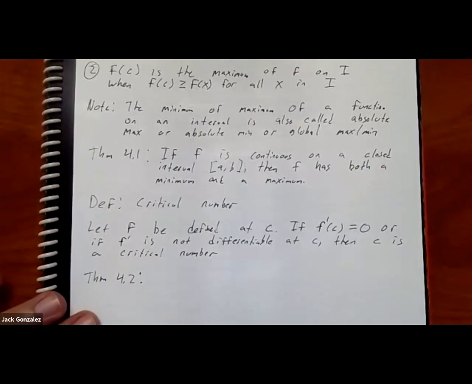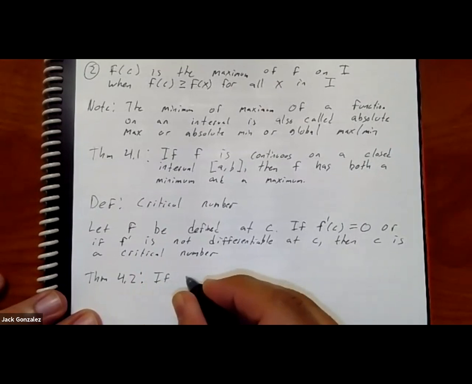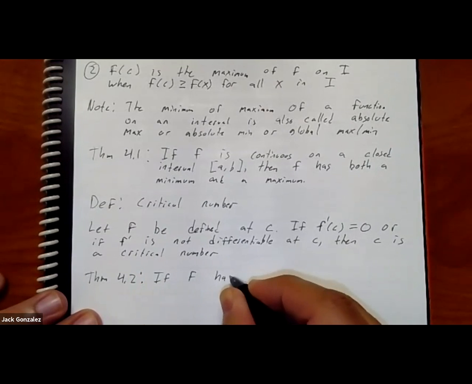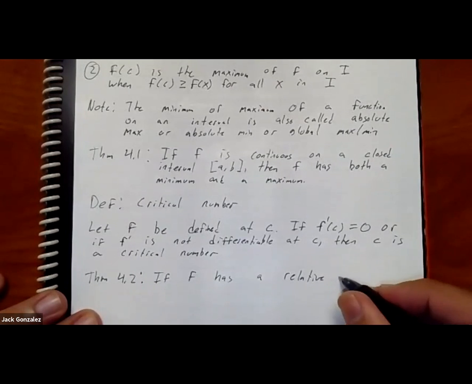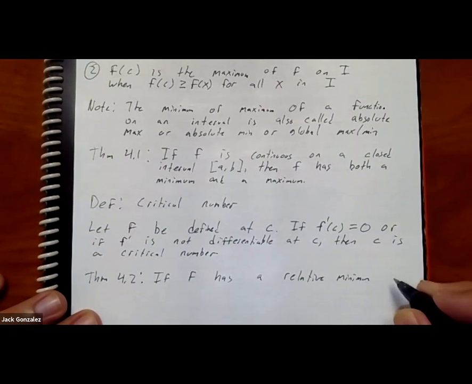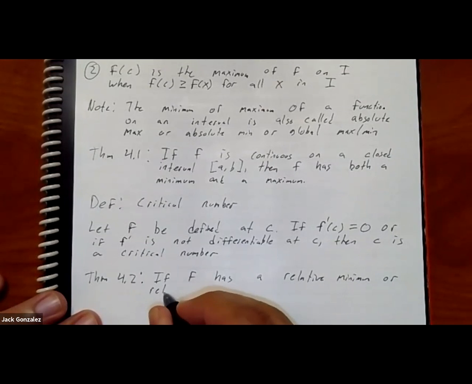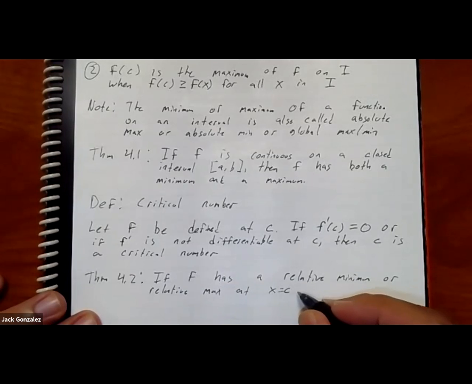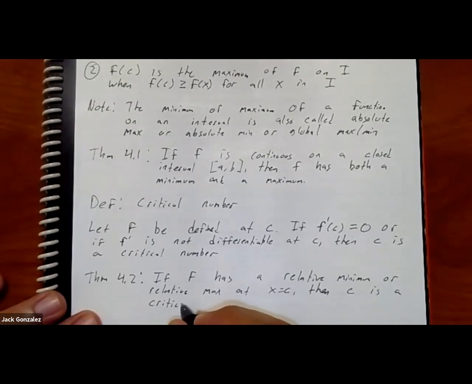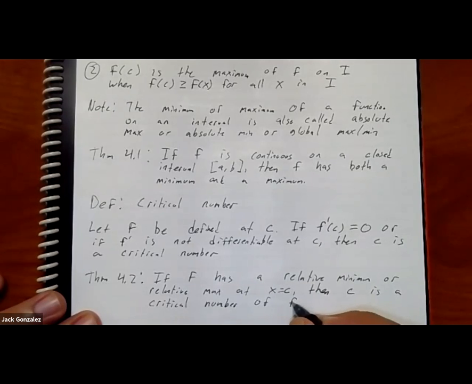With theorem 4.2, so if f has a relative minimum or relative max at x equal to c, then c is a critical number of f.